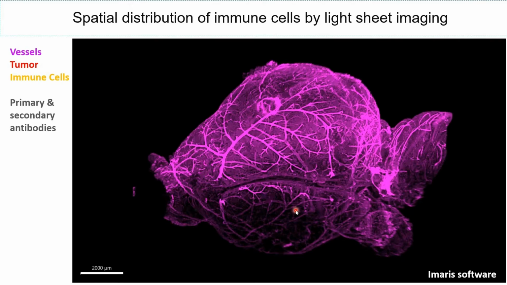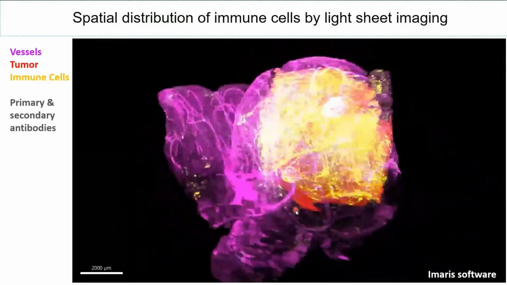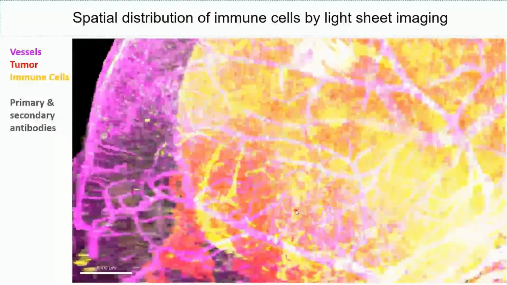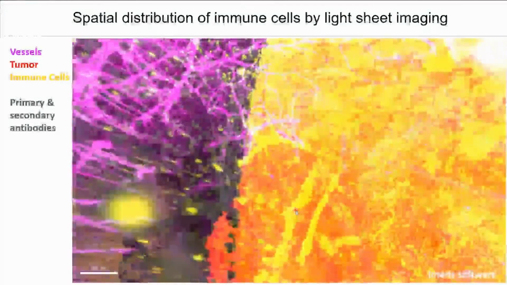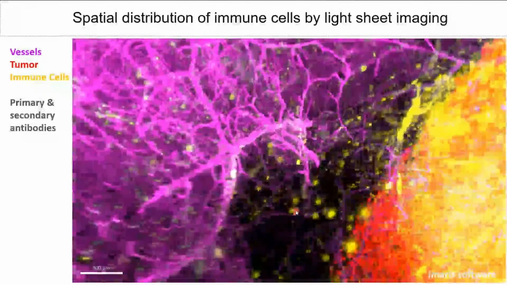We orthotopically injected tumor cells in the brain, and then after tumor growth, we take out the brains, and then we perform whole-mount stainings to analyze the vessels here in magenta, the tumor cells in red, and the immune cells in yellow.